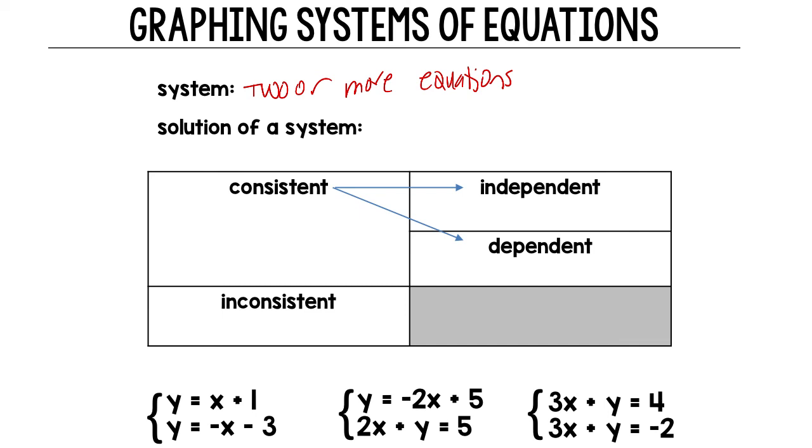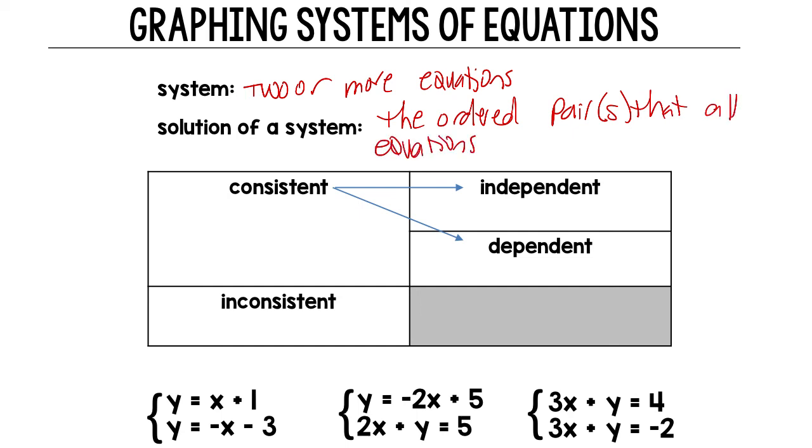The solution of a system is the ordered pair or pairs that all equations in the system have in common. So in other words, if it's an x and a y, because it's an ordered pair, if you plug that x and y into any of the equations in the system, it will be a true solution.